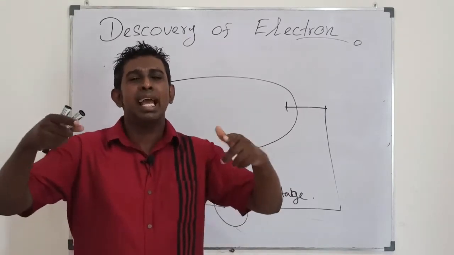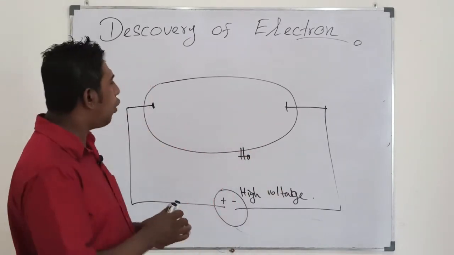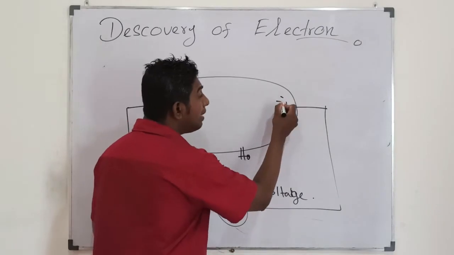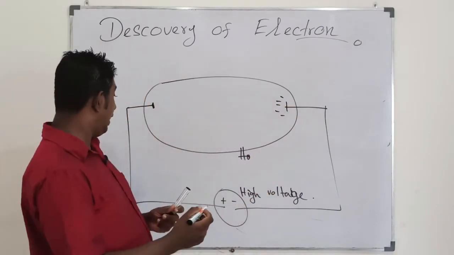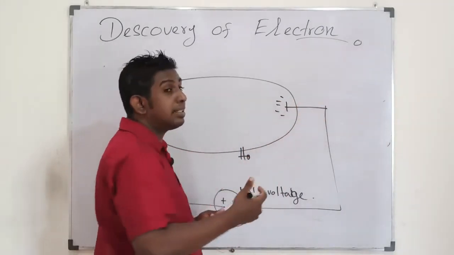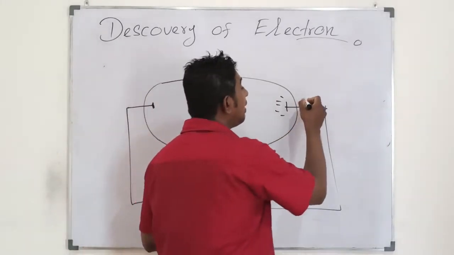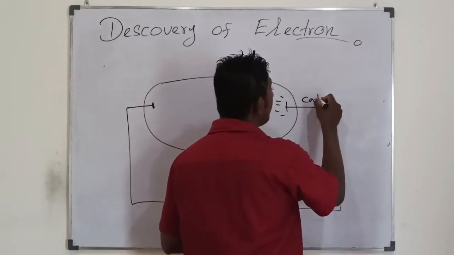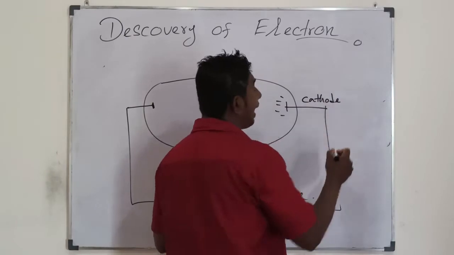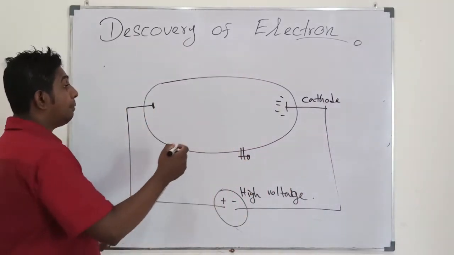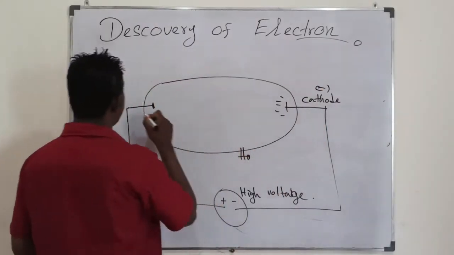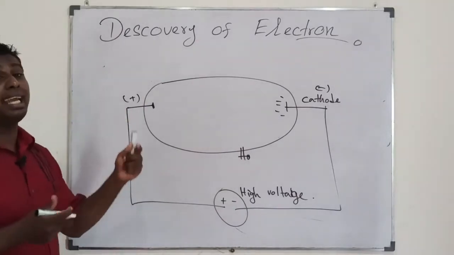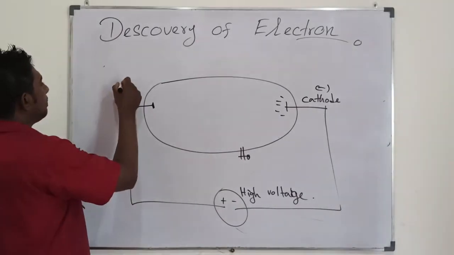When he was doing that, he could observe a glow appear at the side of the negatively charged electrode, which we refer to as the cathode. Near the cathode, a glow appeared. This side is positively charged. We call it the anode.